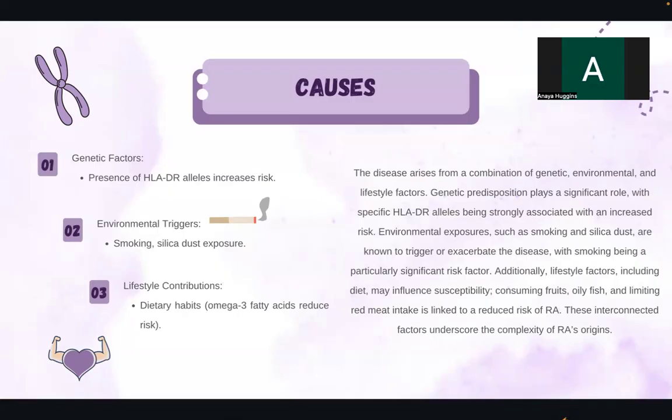On the flip side, lifestyle factors such as diet, maybe having a diet rich in fruits and omega-3 fatty acids, may offer some protective benefits. This interplay between genetics, environment, and lifestyle highlights the complexity of RA and the need for personalized prevention strategies based on the needs of each patient.